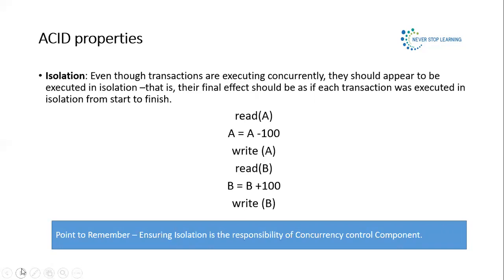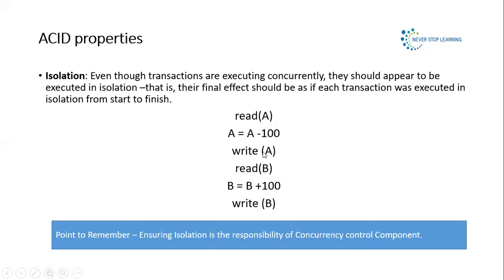Now here, if you see the database, account A is transferring money to account B. In between, if any other transaction is also taking place, let us suppose this is transaction T1 and the other transaction T2 also takes place at the same time.